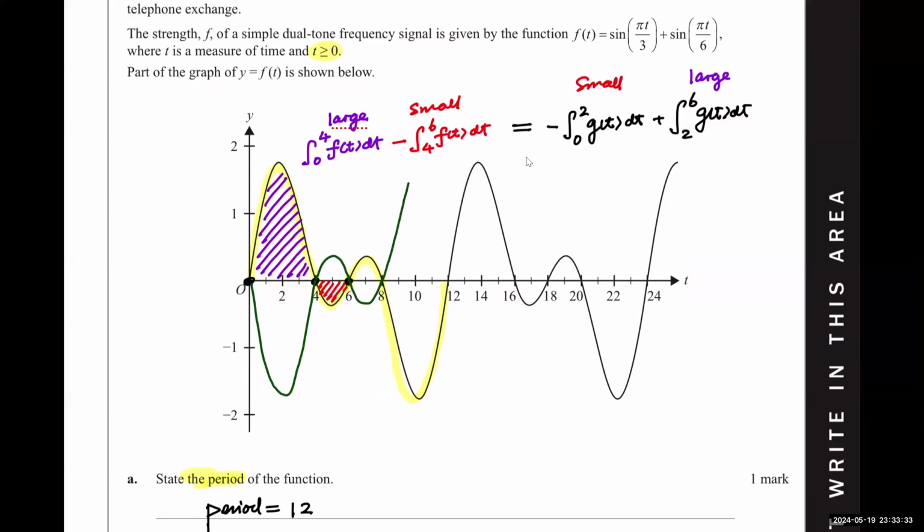If I reflect everything by -1, let's say, reflect about the t-axis or horizontal axis, then just notice it's not just one period. You also have other cycles afterward.